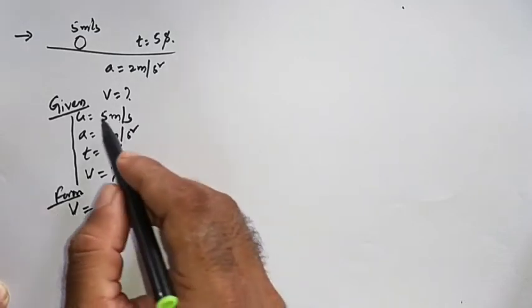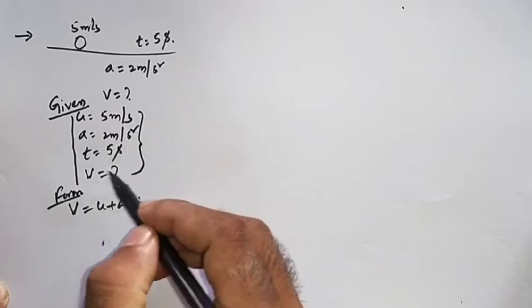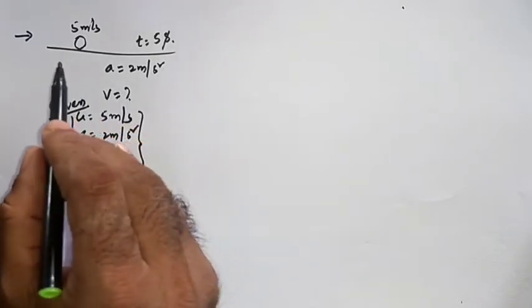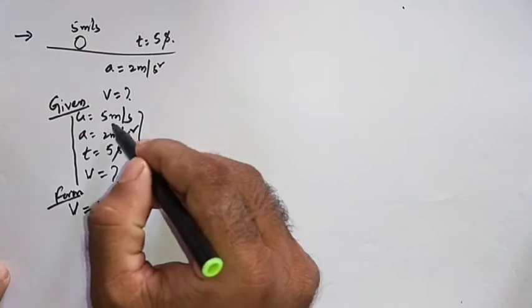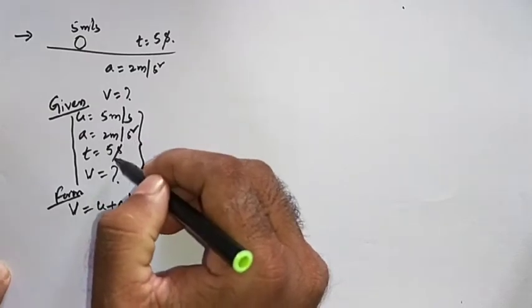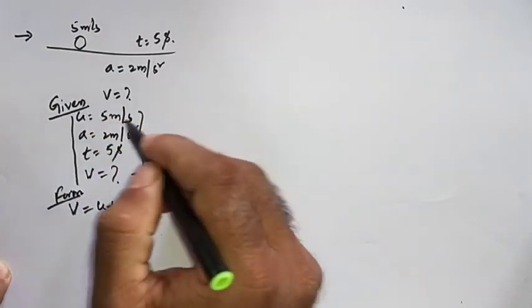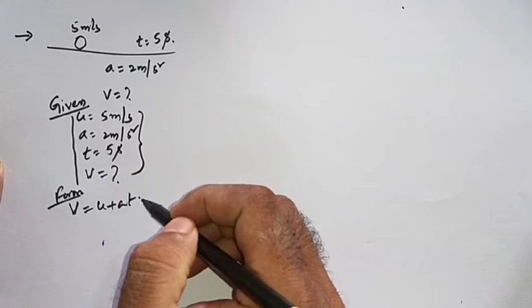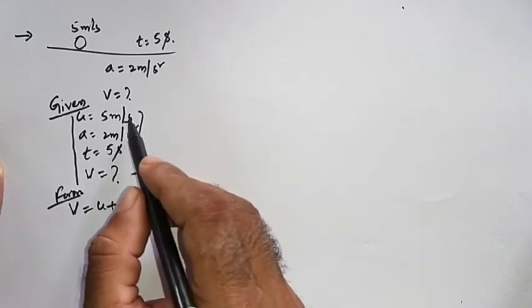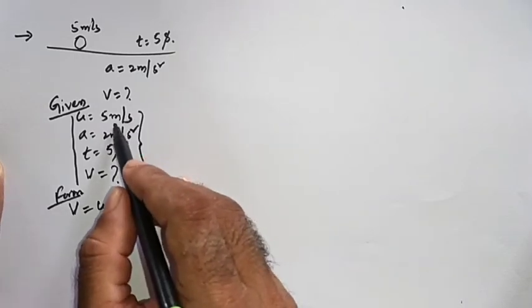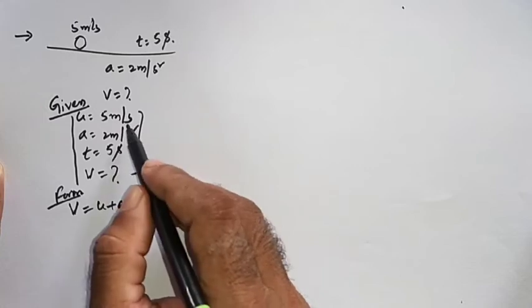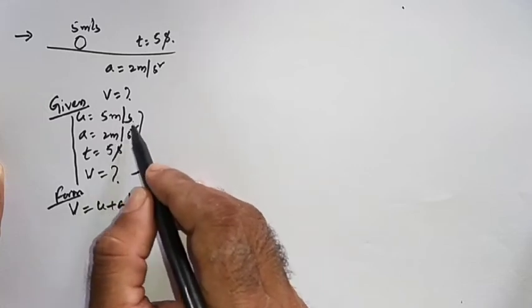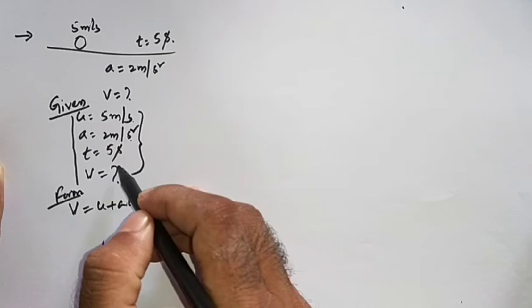That is the advantage of writing the given data. First you read the problem carefully and write the given data. If you write the given data, half of the problem is solved. Understanding the problem is more important than solving it. After writing the given data, you check whether all the given data is in the same system of units. This is meter per second, MKS, meter per second square, MKS, second, MKS.